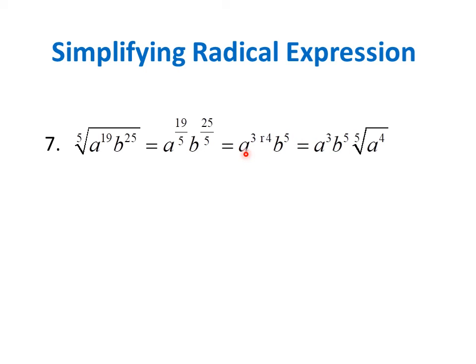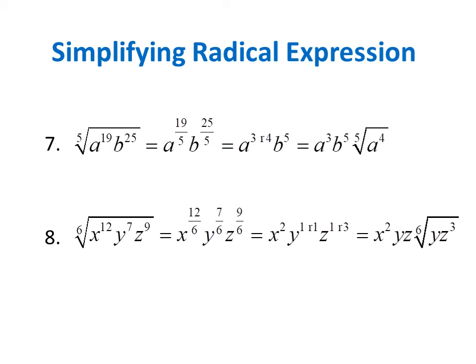Since for the variable a, we have a remainder of 4, we have to multiply this expression by the fifth root, because of course we are getting the fifth root in this problem. So the fifth root of a, since the remainder is 4, the fifth root of a to the 4.